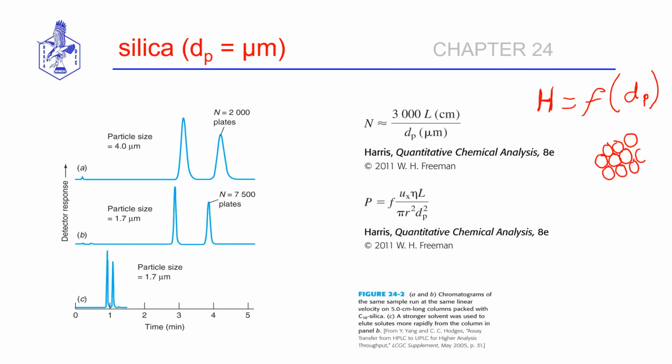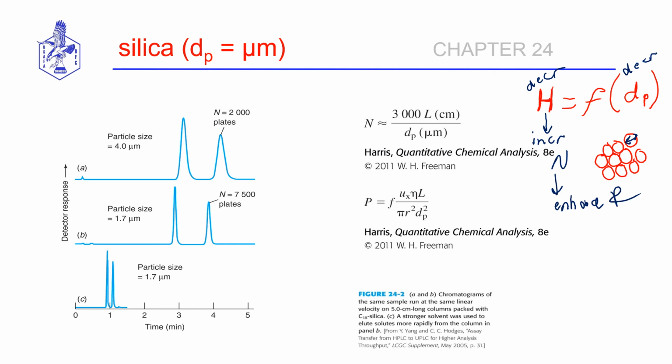the smaller their diameter, the more efficiently they pack, and the contribution to band broadening, it improves the band broadening. As we decrease the particle diameter, we decrease band broadening, which means we increase the number of theoretical plates, which means we enhance the resolution of our separation.